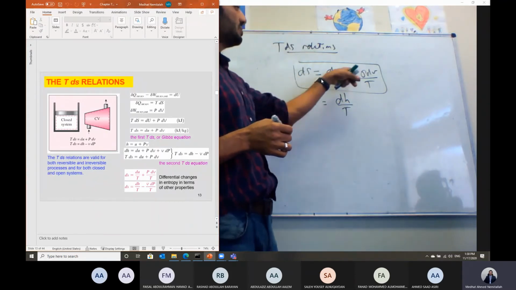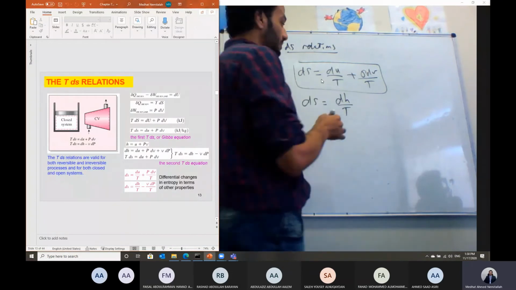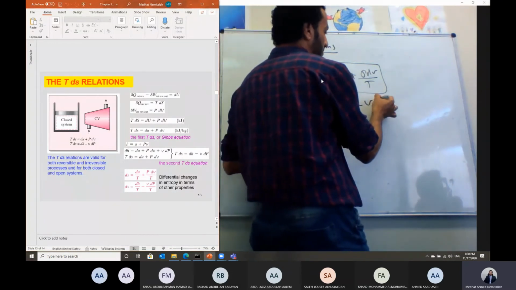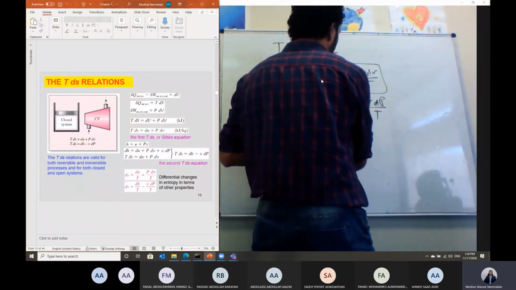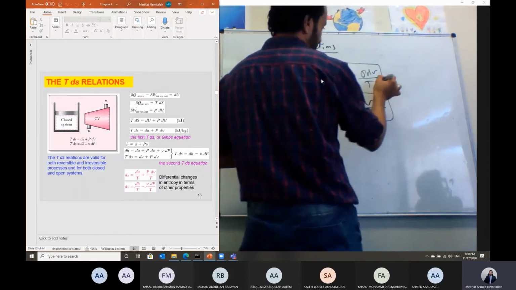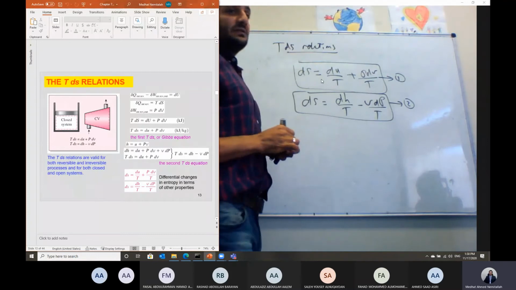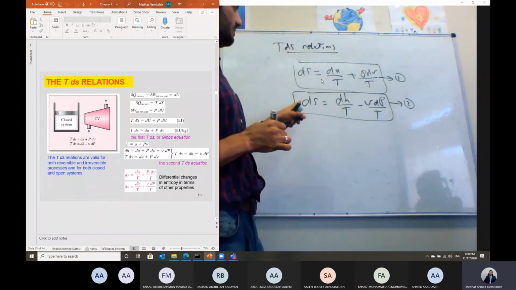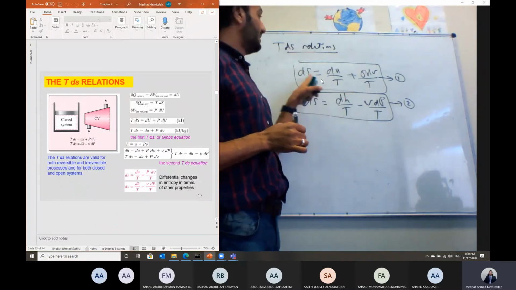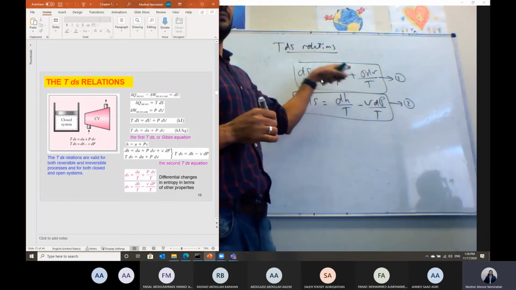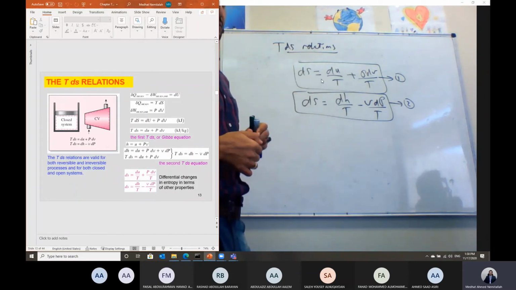I just took the temperature and divided both sides. This is the first T dS relation, and this is the second T dS relation. Here dS is a function of the internal energy in the first, and a function of the enthalpy in the second.